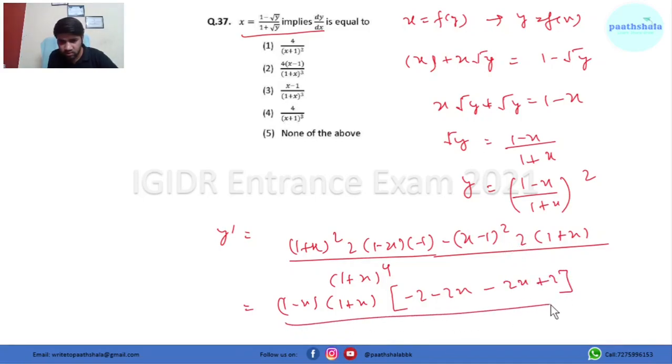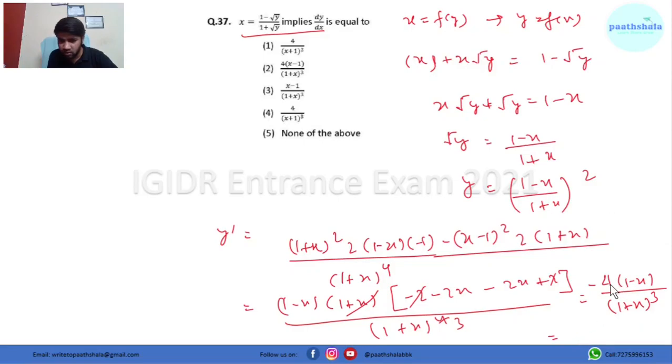Okay, and dividing by (1 plus x) power 4, one factor will get eliminated and the power will become 3. Here you can see that the 2 and 2 get eliminated, so this comes out as minus 4(1 minus x) upon (1 plus x) power 3.